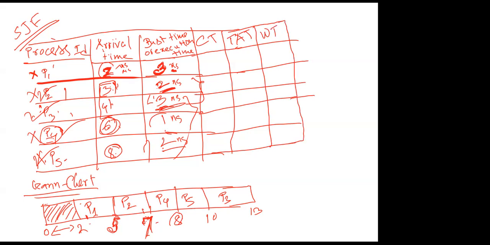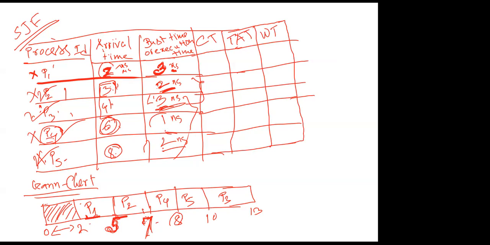Completion time is something you can figure out from the Gantt chart: at which point a process completes its execution.